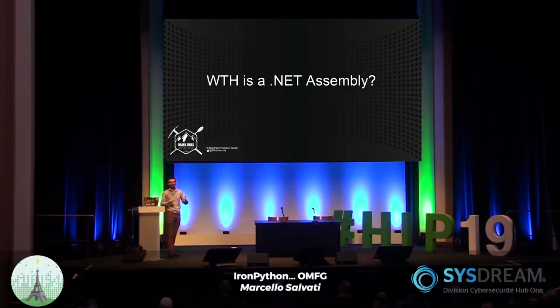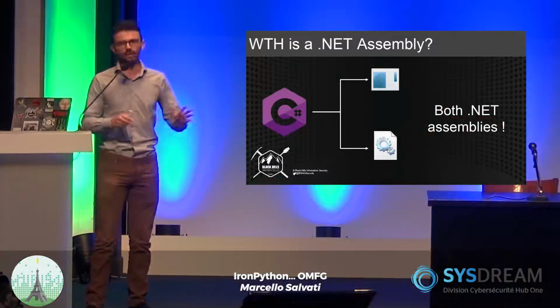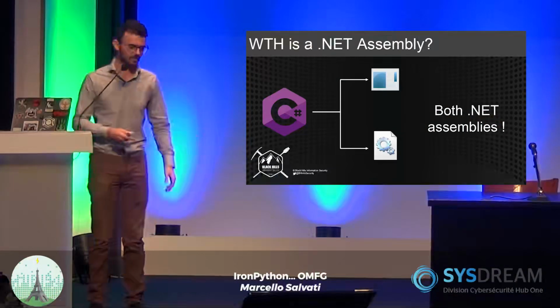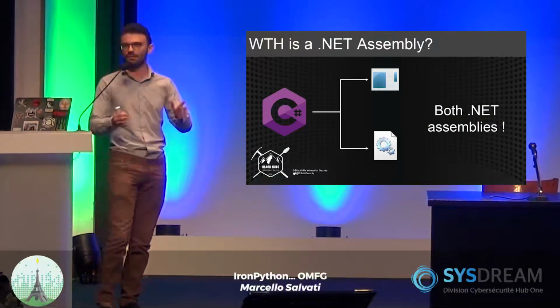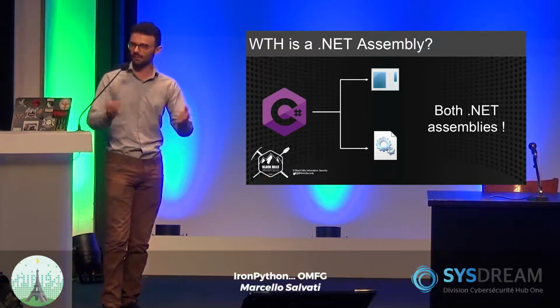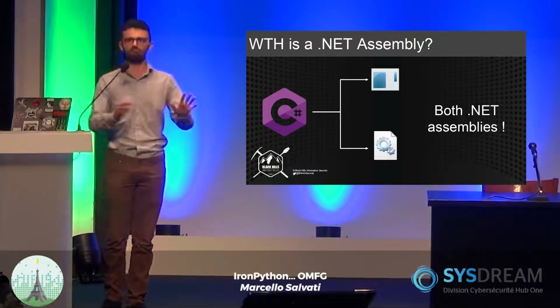We need to understand what that is in order to completely grasp the rest of this talk. We're not going to cover it in depth because I could do a talk on that by itself, but all you really need to know is that a .NET assembly is a blob of precompiled code that any .NET language can interpret and execute. That's all you really need to know.